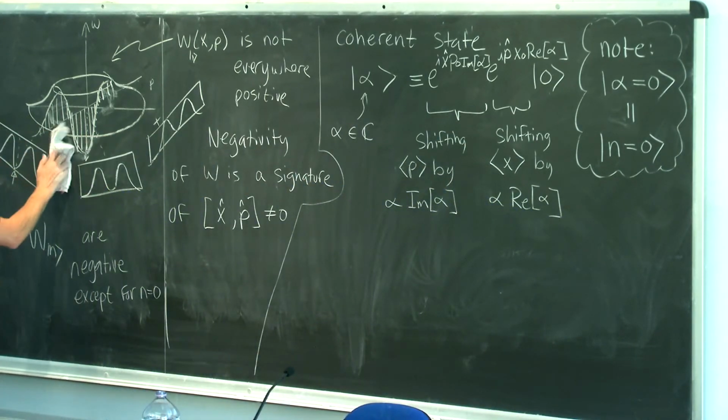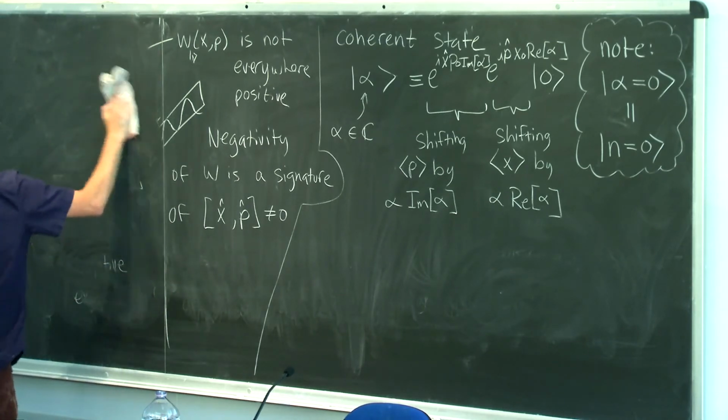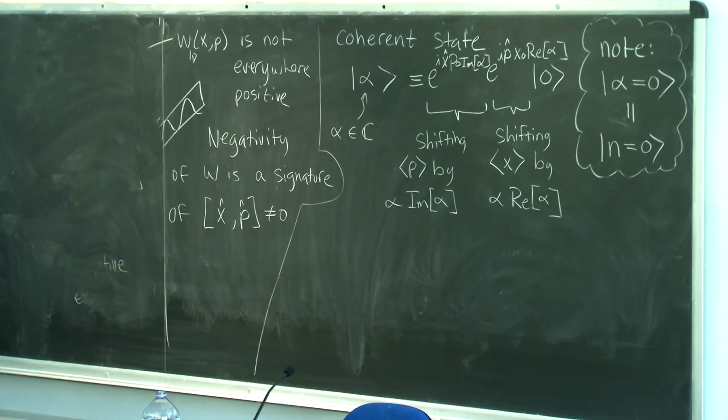A couple other things to note about coherent states. And I'm assuming that this is at least somewhat familiar, is that, of course, they can be represented in the basis of energy eigenstates. That's a complete basis. But it requires an infinite sum to do so.